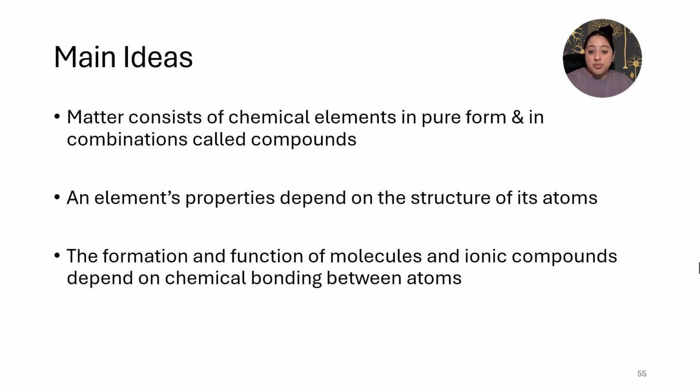An element's properties depend on the structure of its atoms. And then the formation and function of molecules and ionic compounds depend on the chemical bonding between atoms. So those are the big picture ideas. Try to think about that, and then everything else can fit more into that idea. Hopefully that helps.